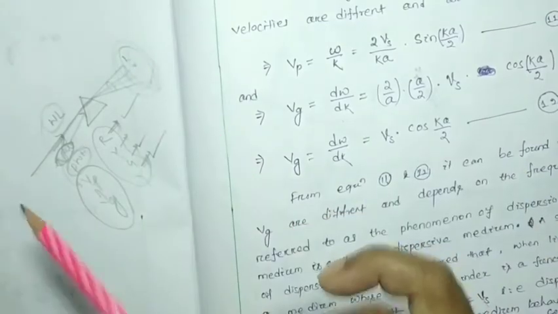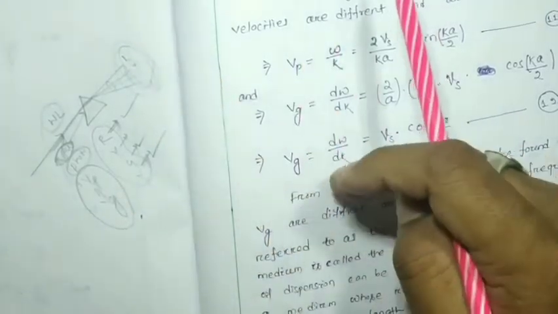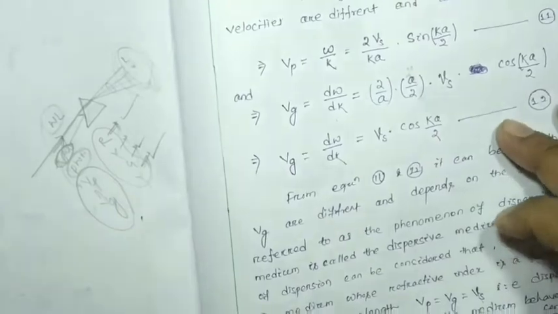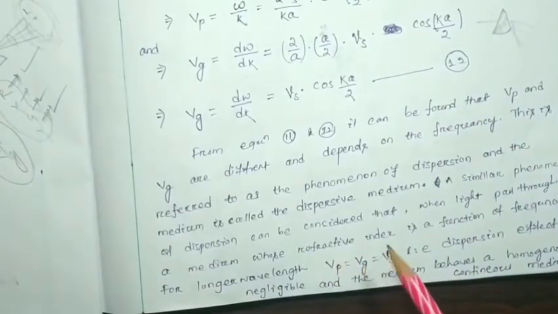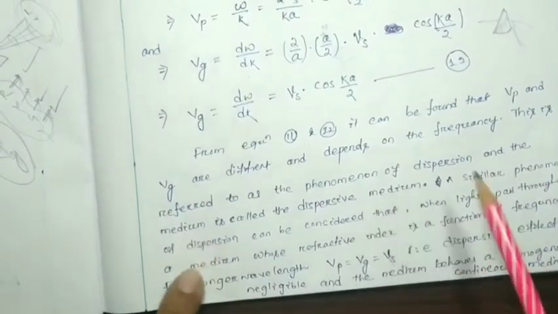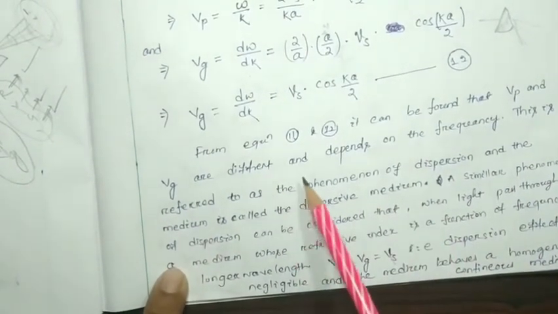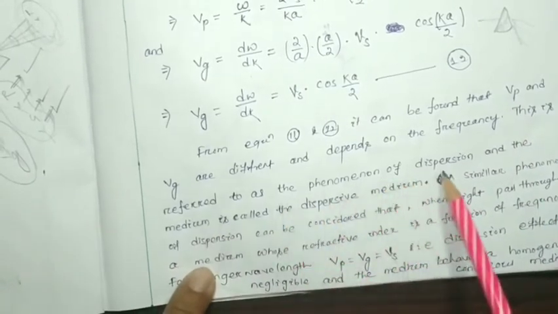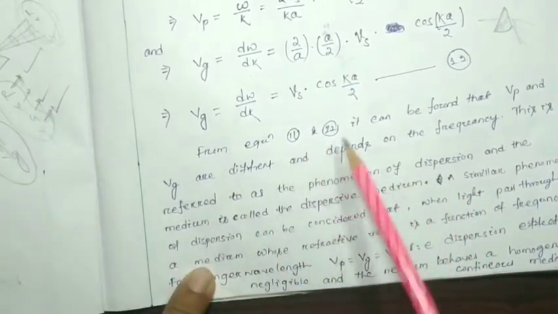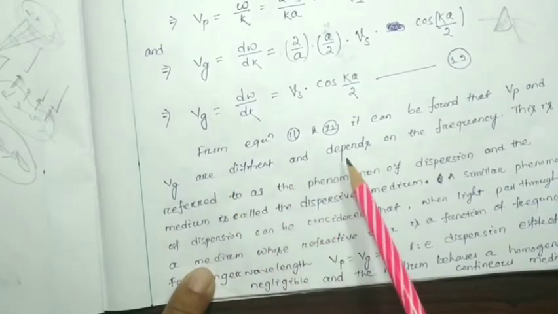The same phenomenon we can accept here also, that this is referred to as the phenomenon of dispersion. What I told is that here Vp and Vg are different depending upon the frequency.